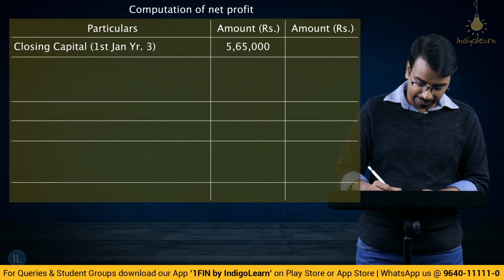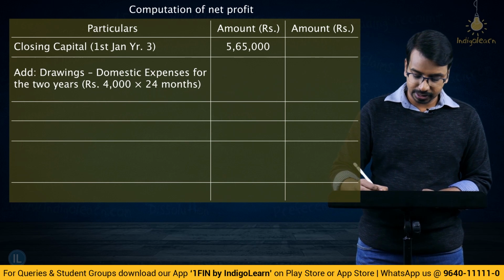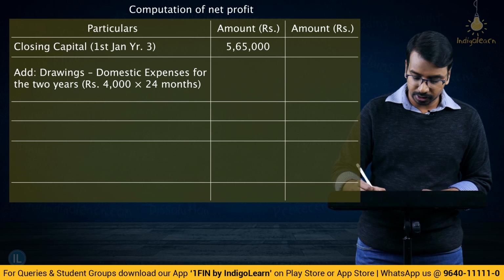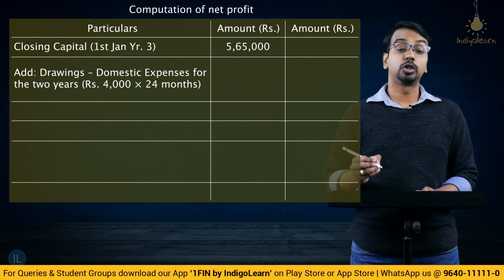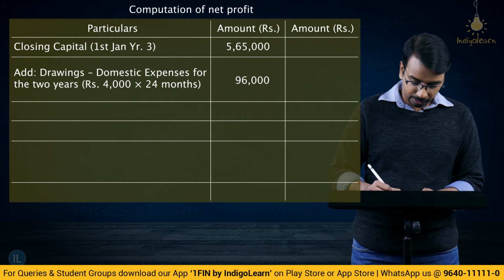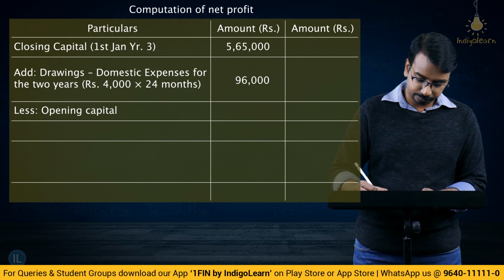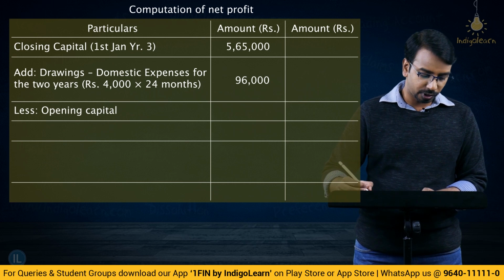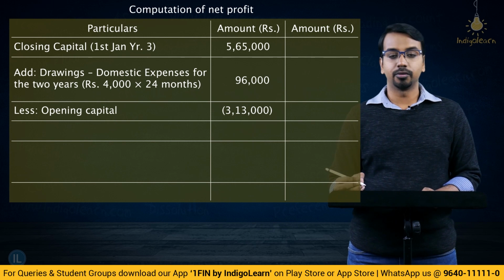Then add drawings. It says 4,000 per month into, don't do it 12, we have to do it 24 because we are talking about 2 years. So 4,000 into 24, it is 96,000. You will add that back, less opening capital, which we computed as 3,13,000, right.